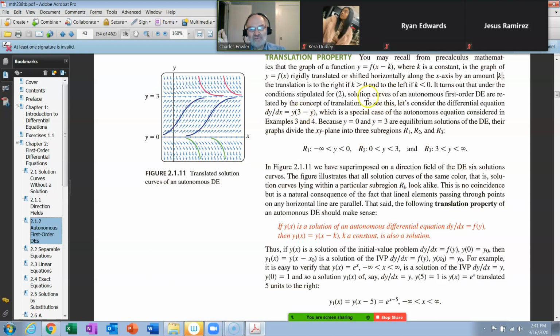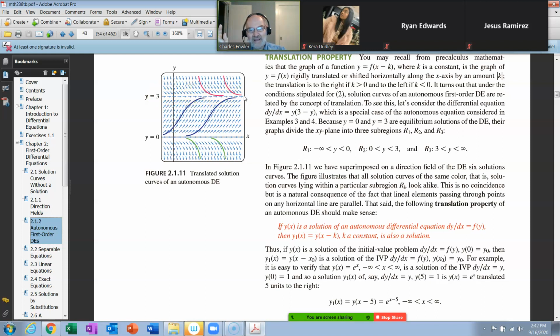It turns out that under the conditions stipulated for equation 2, which we did last time, solution curves for the autonomous first order differential equation are related by the concept of translation. To see this, here's the function we have: dy/dx equals y times (3 minus y). First thing I would note here, y equals 0 is a critical value, and sure enough, all the slopes are 0 there. y equals 3 is a critical value, and all the slopes are 0 there.